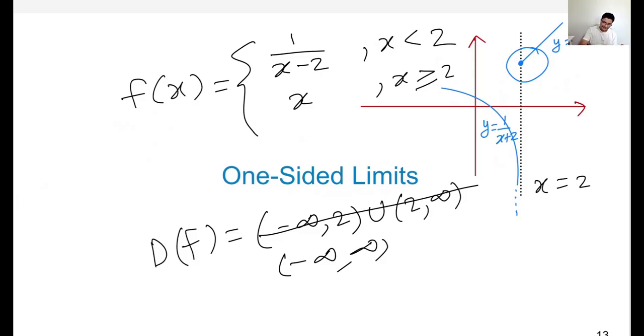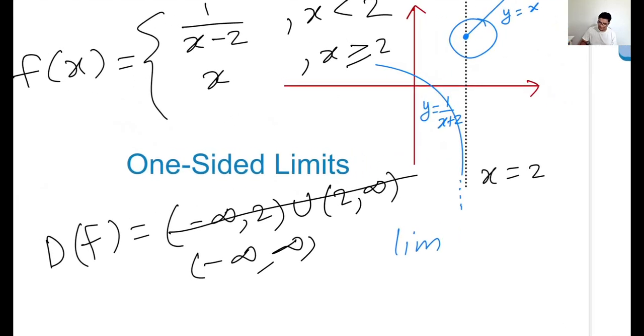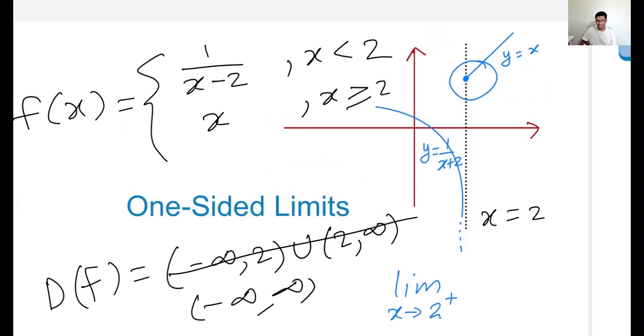How would we write that in notation? We write like this. We say limit, okay, as x approaches 2 from the right. Approaching from the right is indicated by writing a plus sign there, of that function f of x is equal to 2. We say f of x equals x, so the limit will be 2.